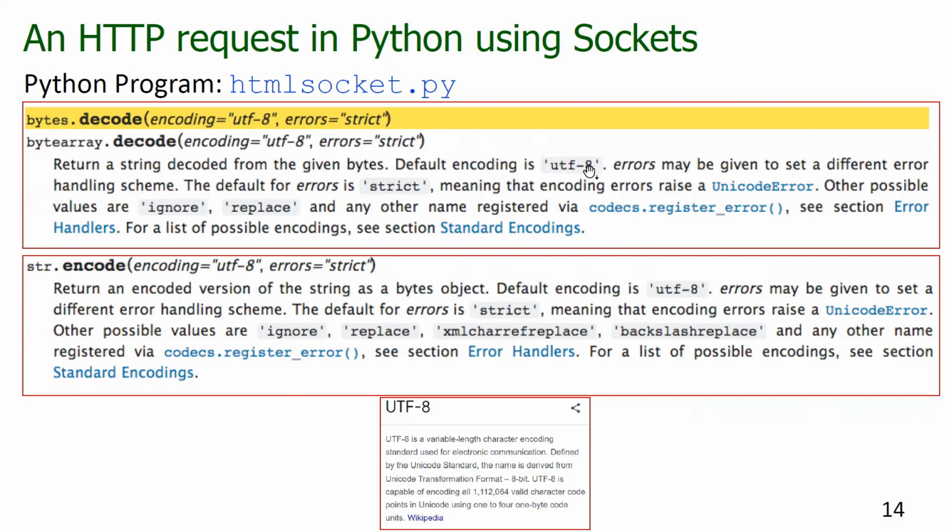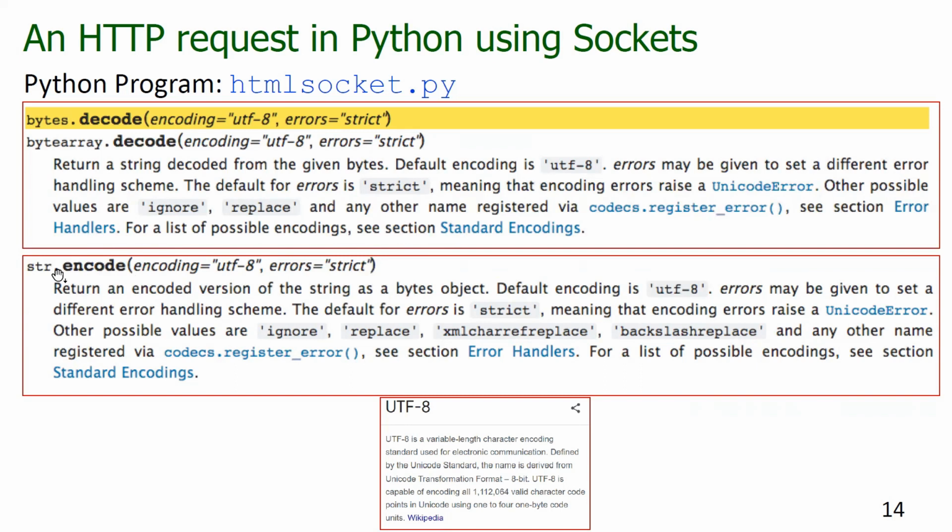The default encoding is UTF-8. Errors may be given to set a different error handling scheme. The default for errors is strict. Other possible values are ignore, replace, and any other name registered through the codecs.register_error method.